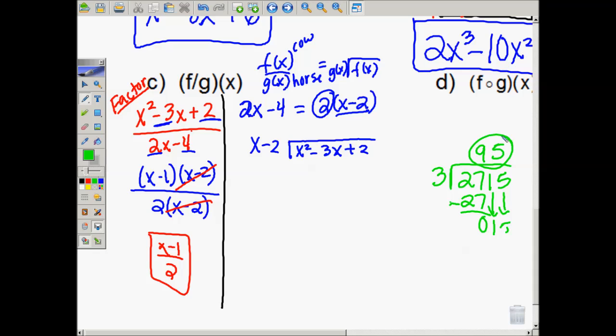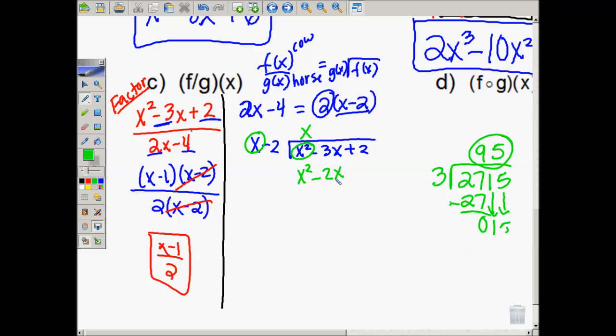Same concept here. Here you're only focused on the leading term. So how can x become x squared? Multiply by x. So x times x is x squared. What I do to one term, I have to do to the other. So negative 2 times x is negative 2x, right?